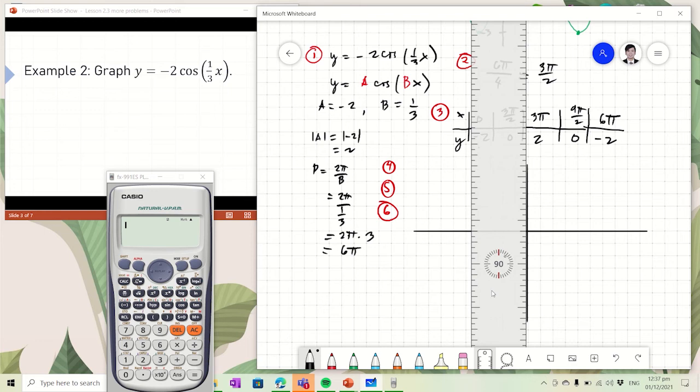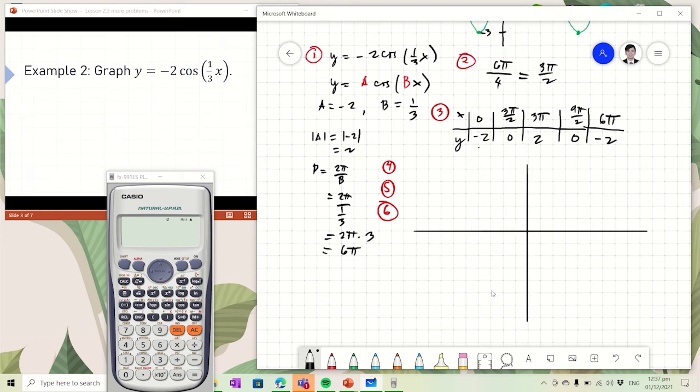So starting with, wag pala natin kalimutan yung mga labels natin. So we almost forgot that. So we'll start with 3 pi over 2, followed by 3 pi, followed by 9 pi over 2, and then we have 6 pi. And then yung mga nakuha nating y is just a 2. So siguro until 2 lang tayo. 2 at saka -2.